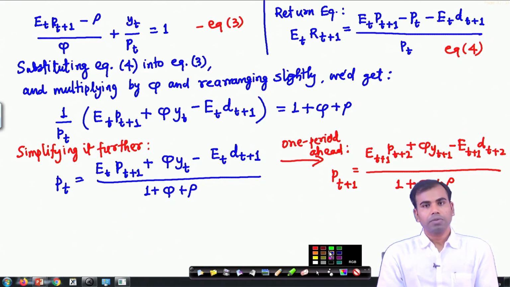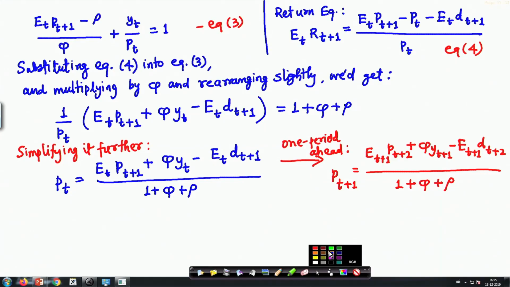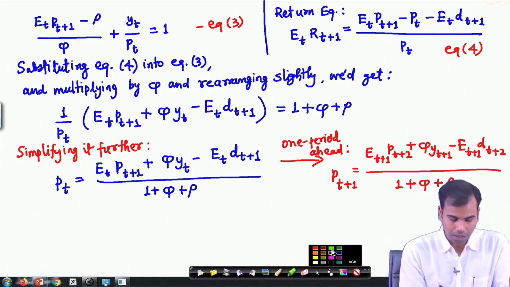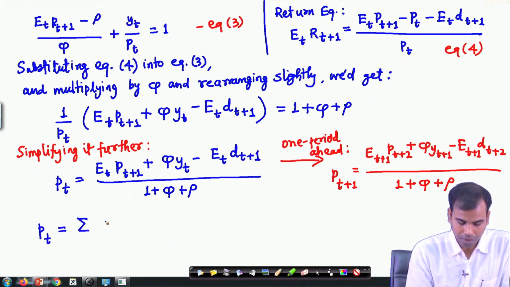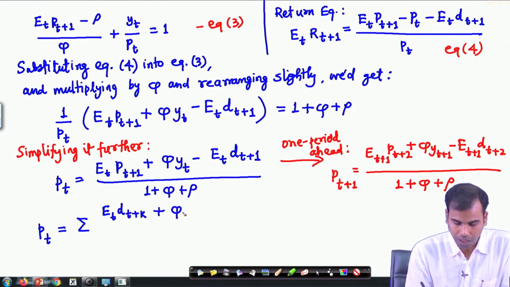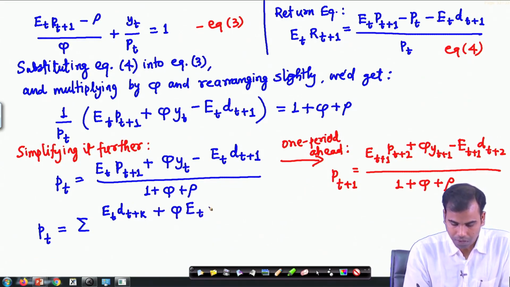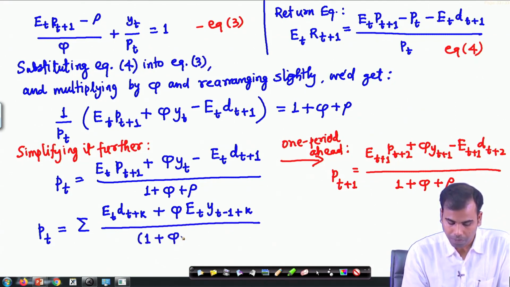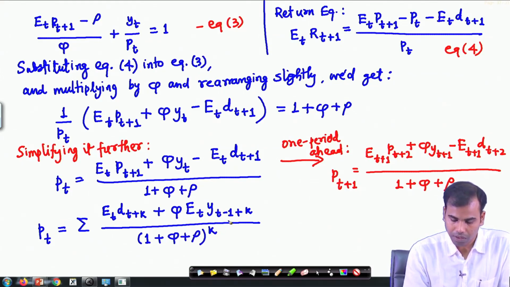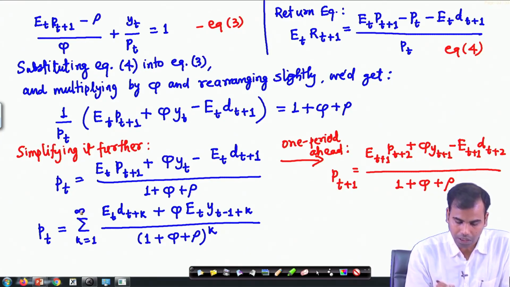If we use recursive substitution, which is basically we repeat it many times, we will get a function which can be expressed as price t as a function of the total sum of expectation of dividend for a k period model plus phi times the expectation of the value that is demanded by all investors in 1 plus k period, divided by 1 plus phi plus rho for k period, where k is infinity and this is an infinite period model.